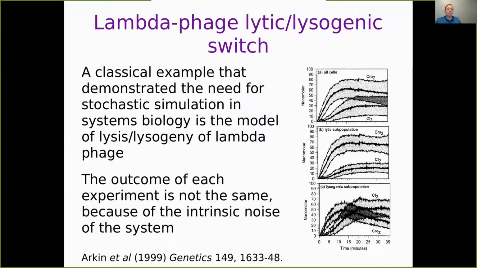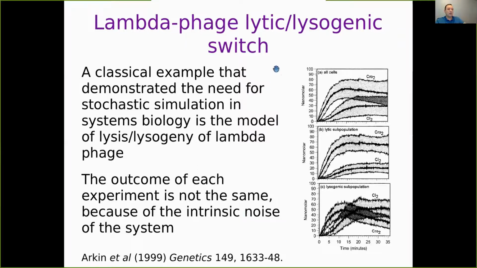If you go down to stochastic simulations, you see things that you would not see in the deterministic case. And this example of the lambda phage, the switch between lytic and lysogenic behaviors of the lambda phage, the famous paper from Adam Arkin back from 1999. This is when there was a big emphasis on the fact that sometimes you really need to do the stochastic simulations. And I leave this just as a motivation.